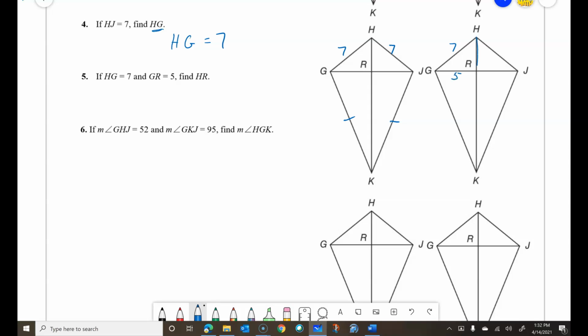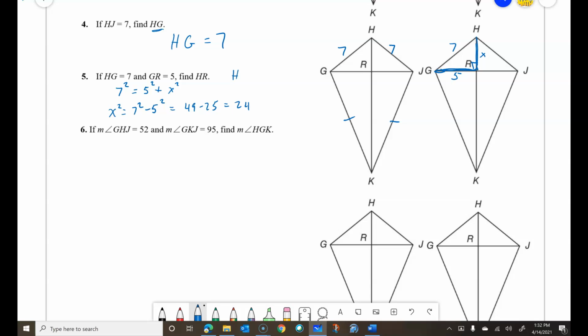If HG is 7, as they tell us in the next one, and GR is 5, what would HR be? So we're going to lean on our Pythagorean theorem again, except this time we have the hypotenuse. So in other words, we know that 7 squared is actually equal to 5 squared plus the side that we're looking for here. We'll call that x squared. So in this situation, we'd have to subtract. So x squared would equal 7 squared minus 5 squared. And that would be 49 minus 25, which is 24.